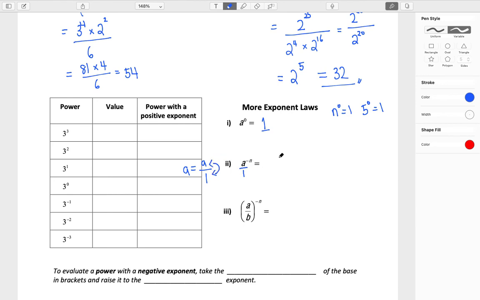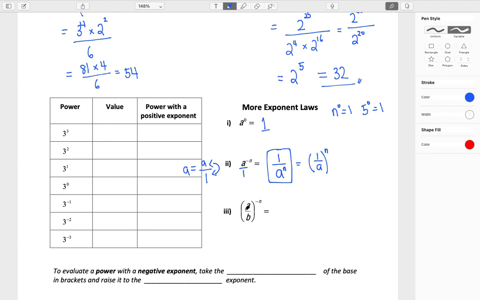So when I flip it, it becomes 1 over a, and then the exponent now becomes positive n. Now I could replace this to be 1 over a, and then n could be at the top as well. Okay, but usually I like to put it at the bottom like this.